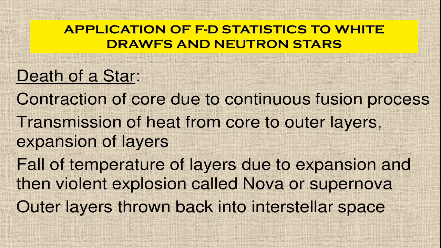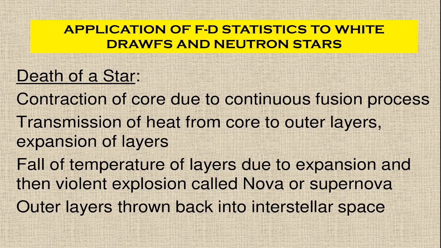So how long does this process continue? This process will continue till the temperature of the outer layer falls enough to make the star appear red. Then the star is called a red giant. Now, at this condition, a violent explosion occurs in the star, and this is known as a nova or supernova explosion.